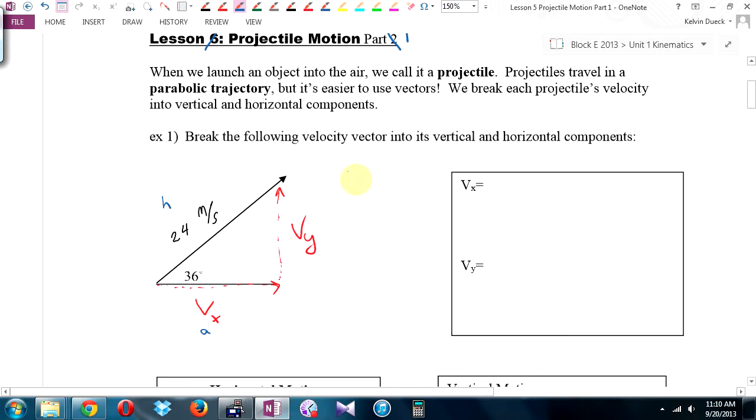So it's going to be cosine of 36 degrees equals Vx over 24. Yes, it's 1 fraction equals 1 fraction. In fact, I think, Neve, Vx equals 24 cosine of 36 degrees.